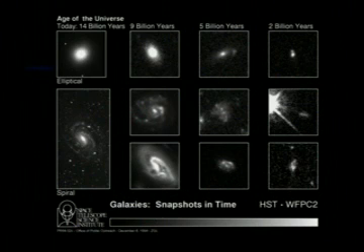And by looking at them very carefully and sorting them according to distance, we can see what galaxies looked like at different times after the beginning of the universe. And that's shown here in this composite from the Space Telescope Science Institute.